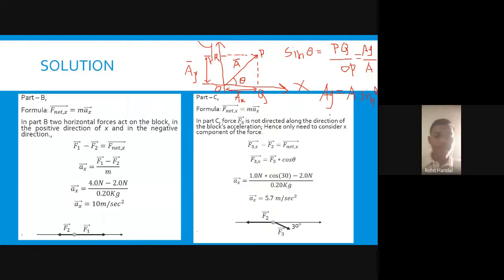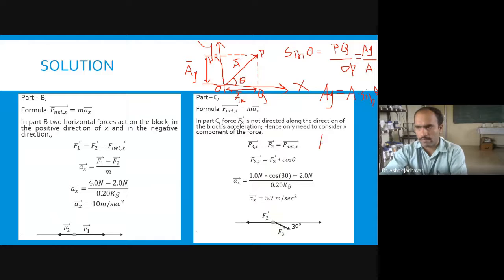Similarly, now tell me what will be the value of AX? Where is AX? AX is this, OQ upon OP. So what trigonometric relation do I have to consider? I have to consider cos of theta.